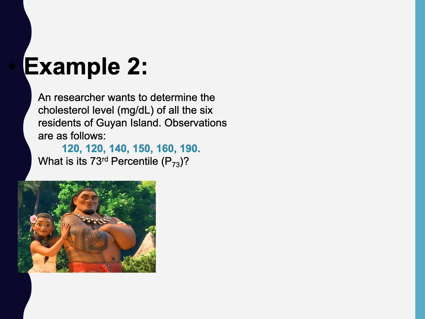Last example. Using the data set of the cholesterol levels of the 6 residents of Guian Island, what is the 73rd percentile? So meaning you're solving for P73. The position is at 73 over 100 times n plus 1. That will give us x sub 5.11.